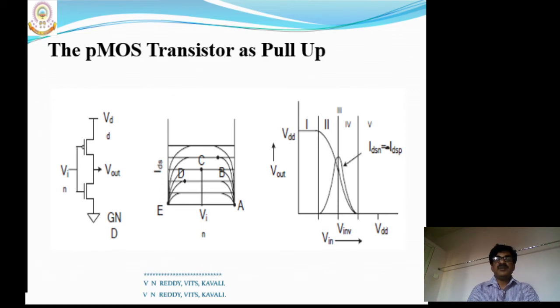but when the transition appears, that is, when the output changes from logical high to logical low, or logical low to logical high, at a certain instant both the transistors are in on state.